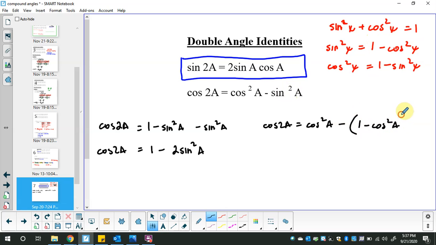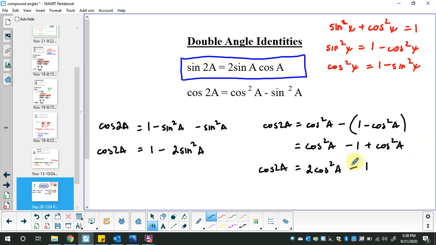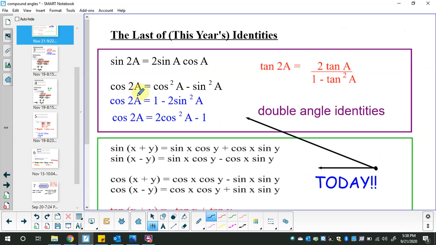But that needs to sit in a bracket because it comes after a minus sign, which means I have to multiply through a negative, and then I can collect cos squared a plus a second cos squared a is 2 of them, and you get this one. So you can make 2 out of 3 of them as long as you've got a little bit of memorization for the day that you might have to memorize this list. And remember, there are 28 of them so far.